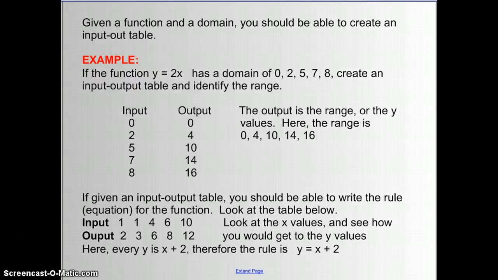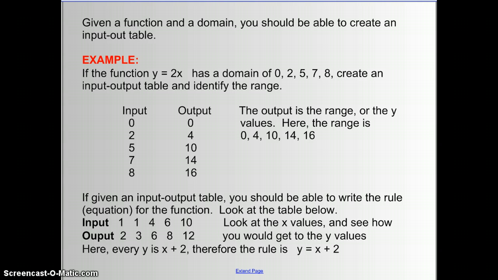The outputs are when you substitute those values in for x and you calculate y. So when x is 0, y is 0. When x is 2, y is 2 times 2, or 4. When x is 5, y is 2 times 5, or 10, and so on. So since the output is the range, here the range is 0, 4, 10, 14, 16.